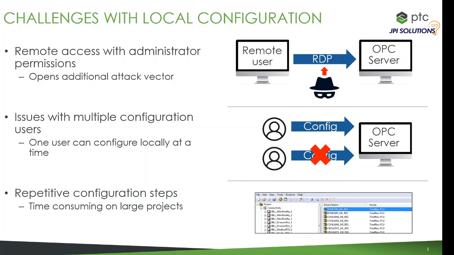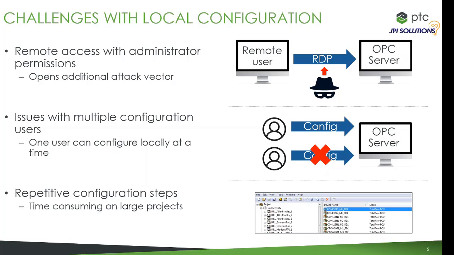And for a lot of these OPC servers, you really need administrator access to that server or machine in order to do the things that you need to do. We've even heard stories of people going through multiple RDP tunnels and jumping from machine to machine with RDP, and it can get very complicated. So that's one downside.